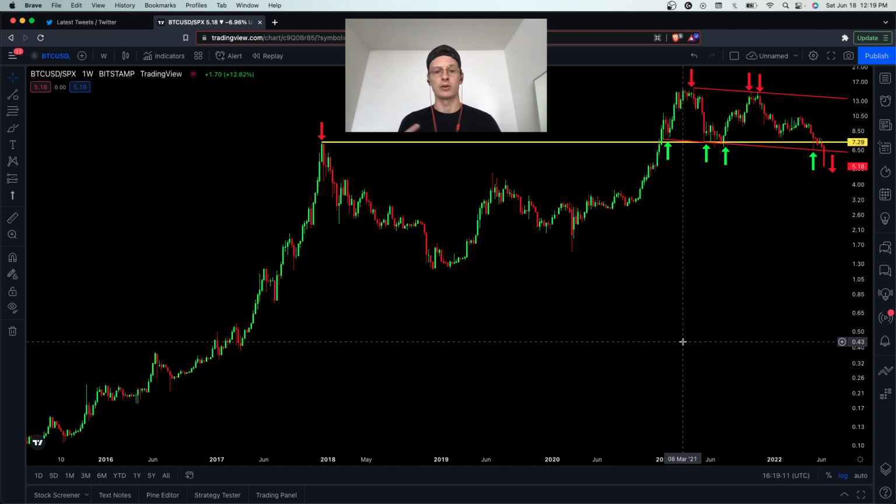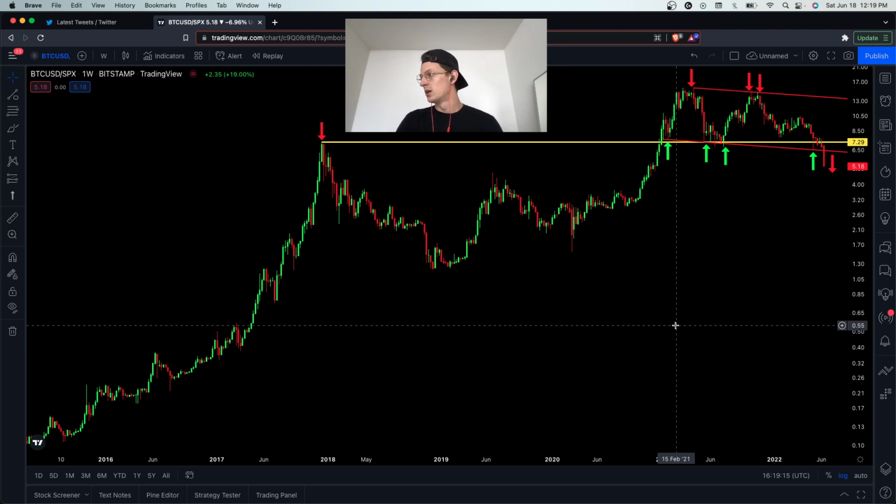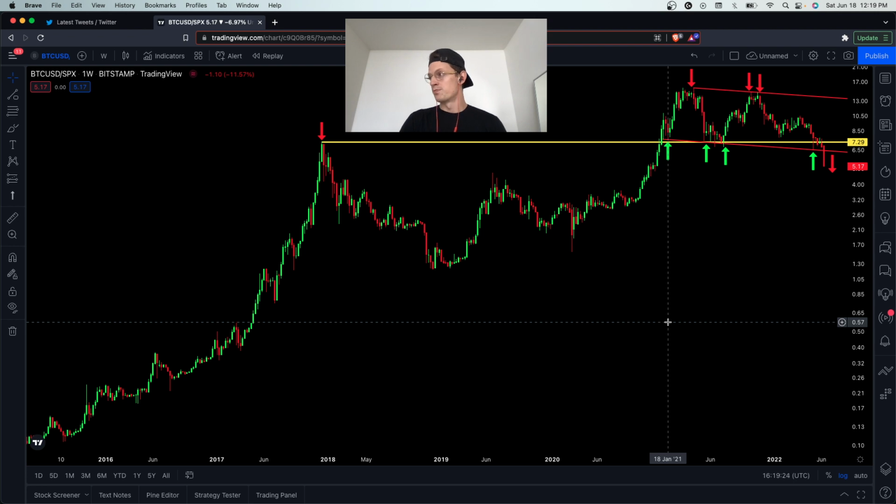And so that lower bound of this channel was acting as support, basically going back to early 2021, starting in January or so, and continued to work as both support and resistance, implying that this is a key level of Bitcoin relative to the S&P 500.